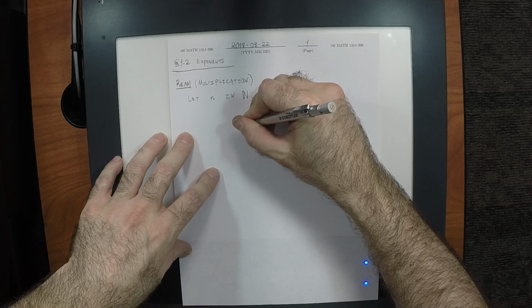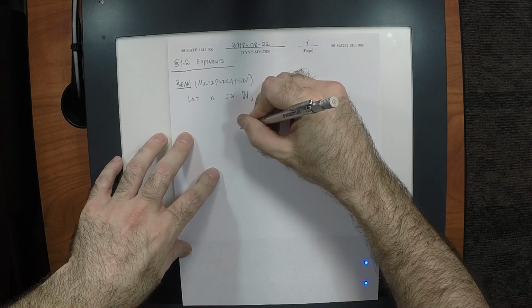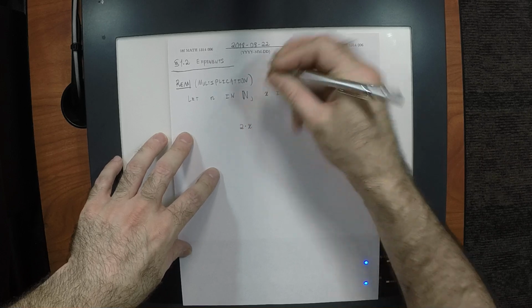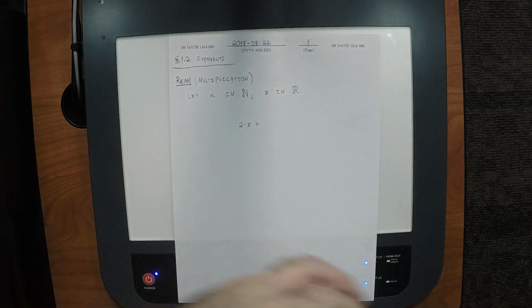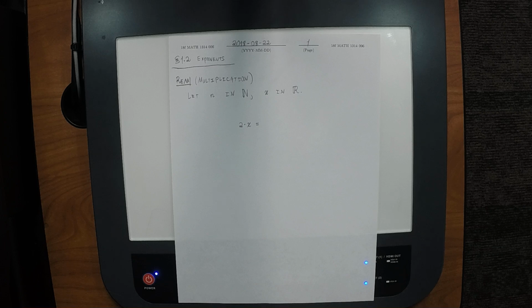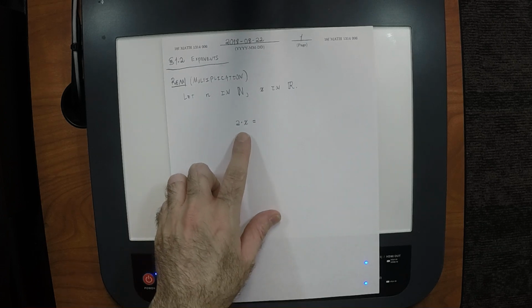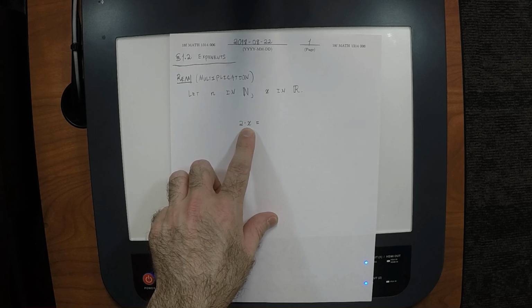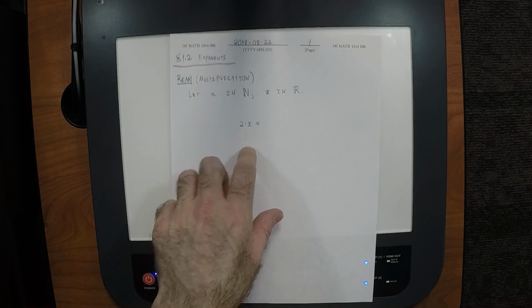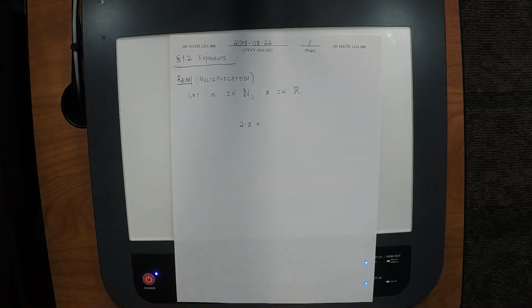So what we're going to do is pretend that we don't know what multiplication is, but we do know what addition is. And so now we're going with the fiction that you're seeing this 2 multiply x for the first time. Okay, and we want to know how are we going to do this?